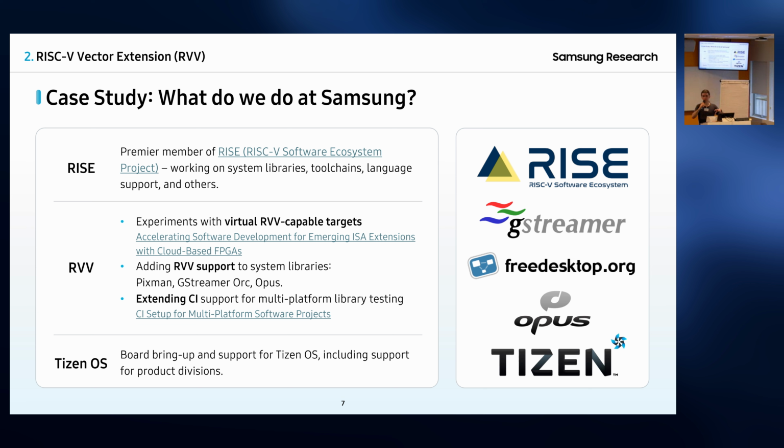It's a sister project to RISC-V International, which is concerned mostly with bringing first-class software support to RISC-V, including open source libraries and applications. We're taking part in several working groups: system libraries, toolchains, language support. And my team in particular is concerned with RVV optimization.